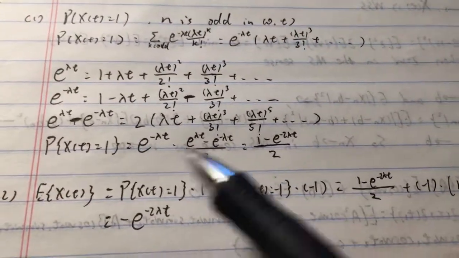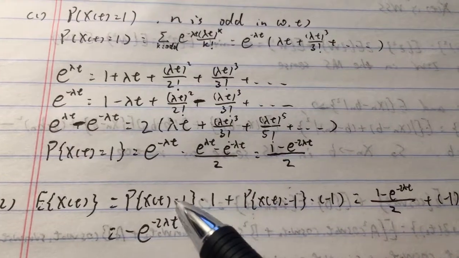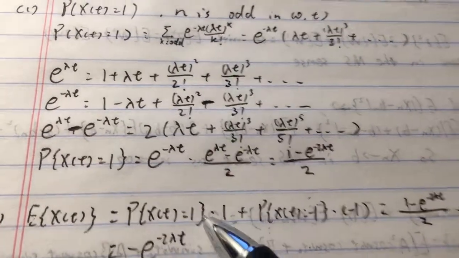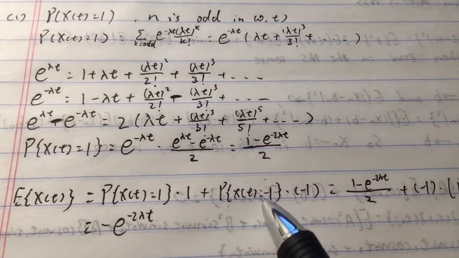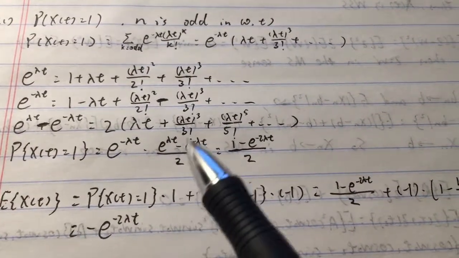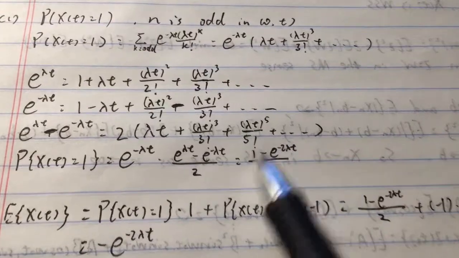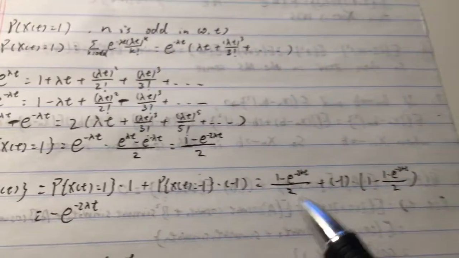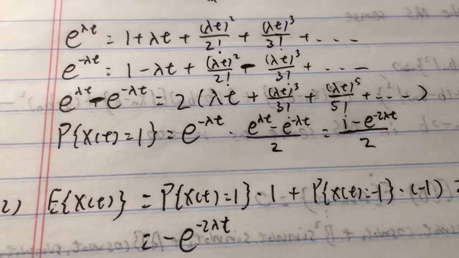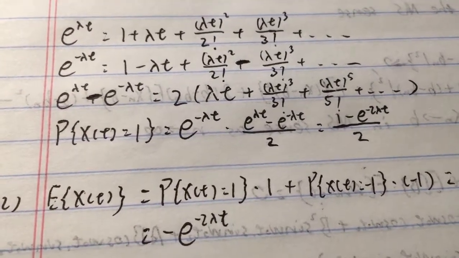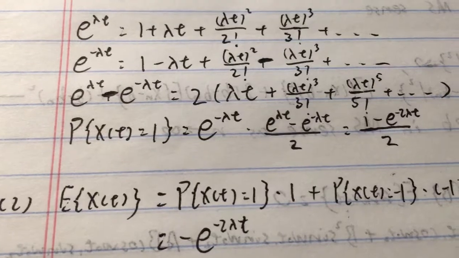We have known the result of the probability of X(t) equals 1, so we put this into this equation, and also put the negative 1 into this one. So we got the result should be this. This is the result of the second question.